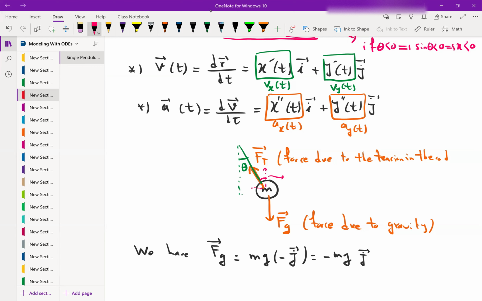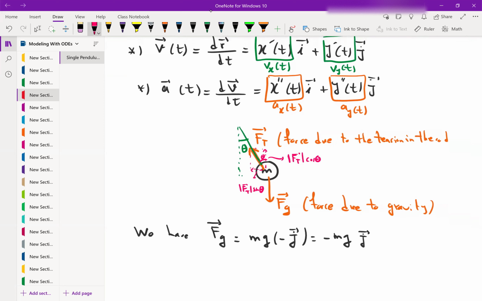This is theta, so this guy is also theta. The magnitude of the vertical component will be the magnitude of Ft times cosine theta. Using a little bit of trigonometry, we will see that the magnitude of the horizontal component will be the magnitude of Ft times sine theta.